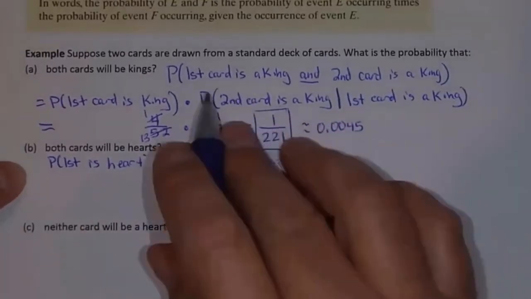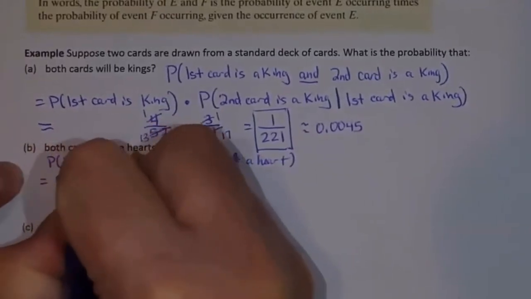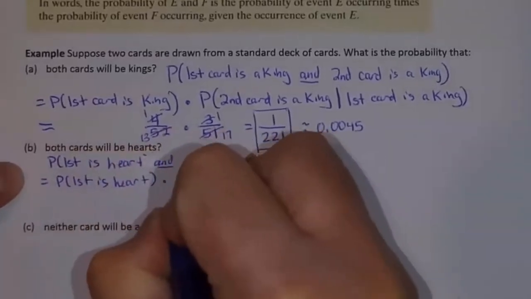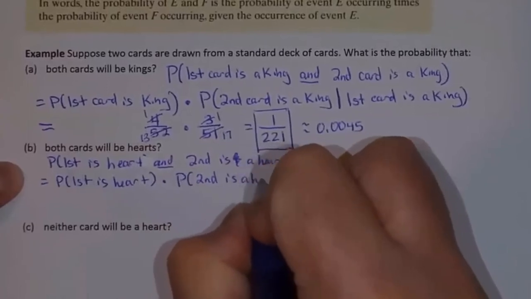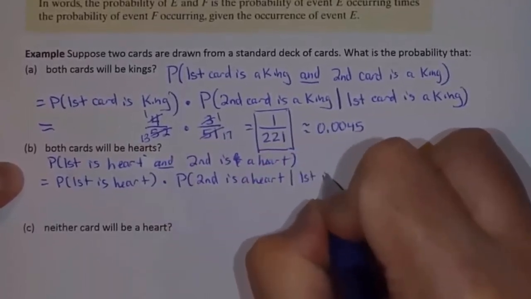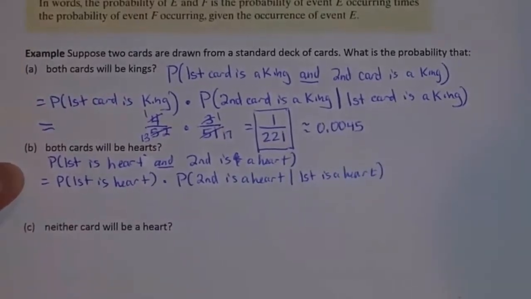Well, that's just like the first problem here. That's going to be the probability that the first card is a heart times the probability that the second card is a heart, given that the first card is a heart, or assuming that the first card's a heart.